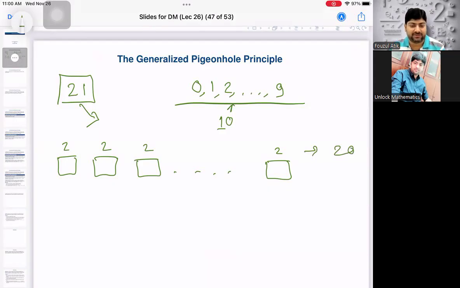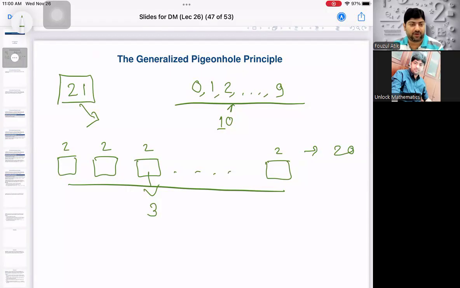Because each has 2. But you have 21 digits available. You still have one more remaining. That one digit has to go into one of the boxes. So at least one of the boxes will have 3 digits, correct?